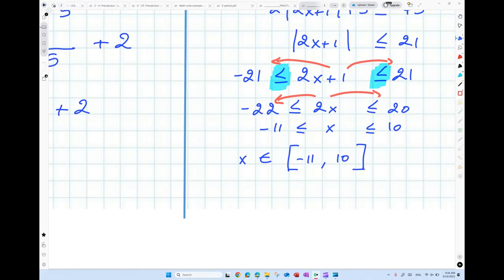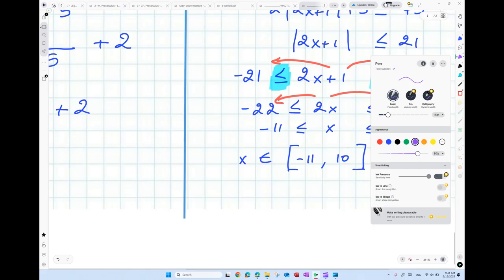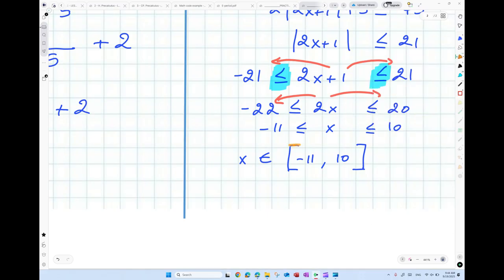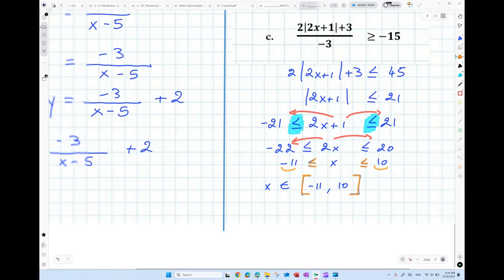And I'm using brackets because those two boundaries are included. I've got less than or equal to. Pay attention to that. And that's it. Good luck.